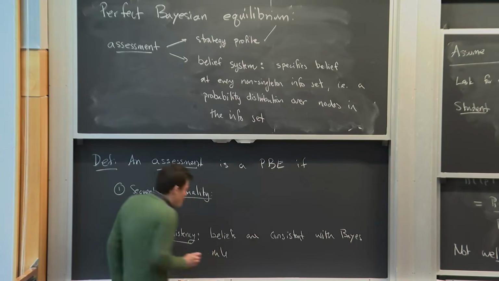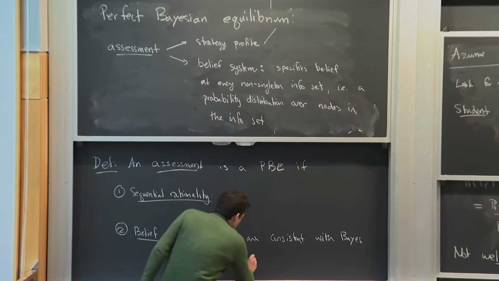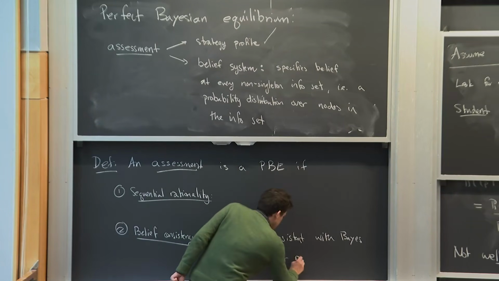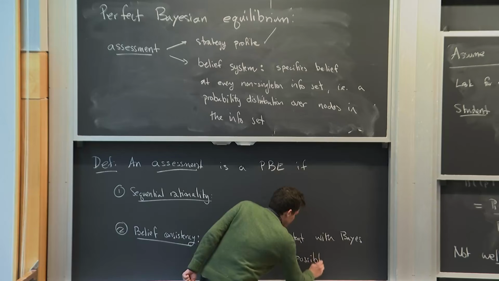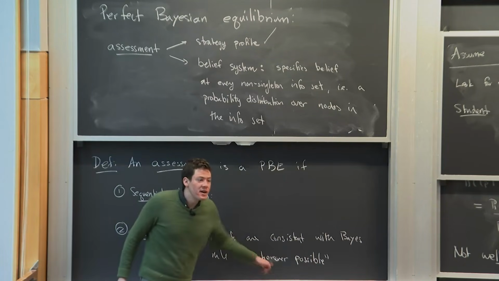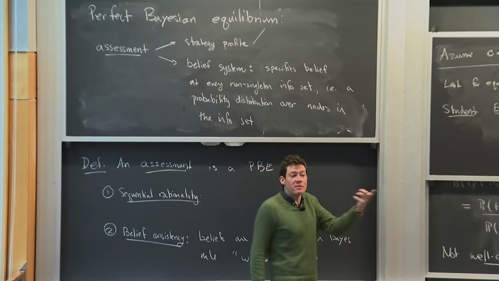Well, they can't be consistent with Bayes' rule everywhere. Sometimes we use this vague phrase, wherever possible. There's often different ways of defining exactly what wherever possible means. What I mean by wherever possible is at any information set that's reached with positive probability.